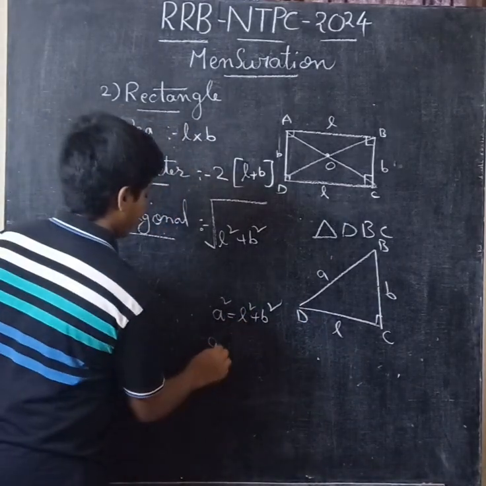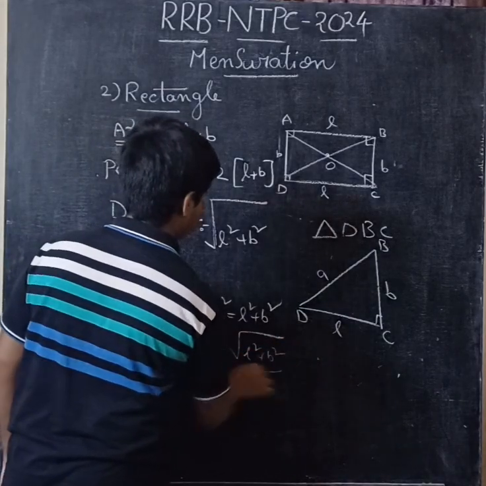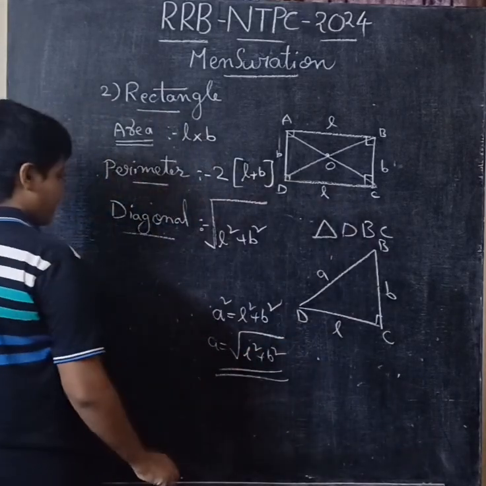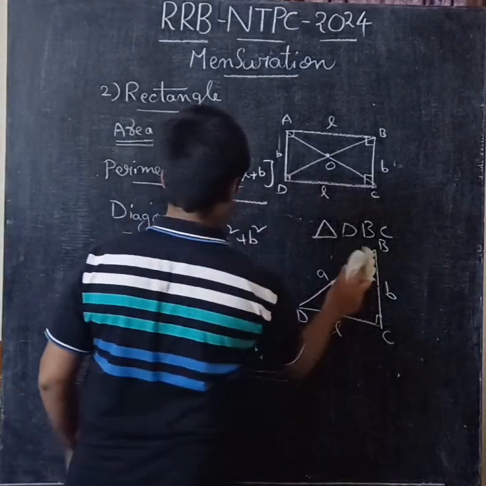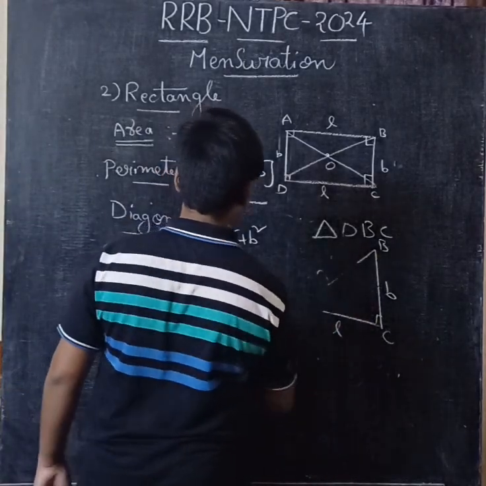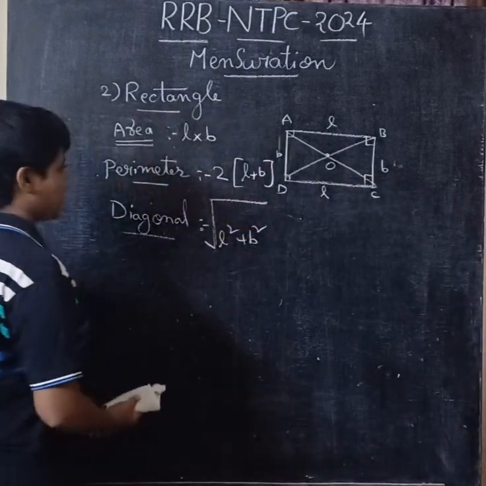So here A equals root over L square plus B square. So that's it. This is the formula of diagonal. Okay, so this is rectangle.